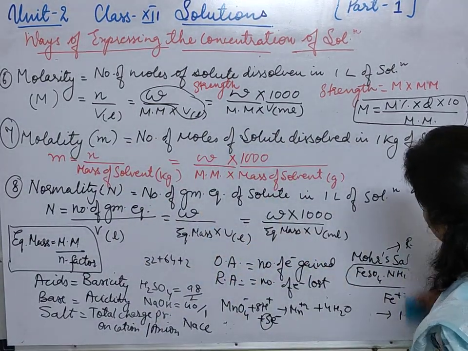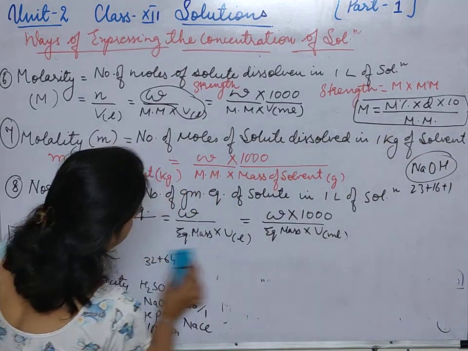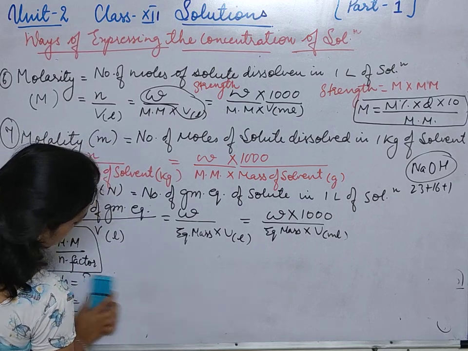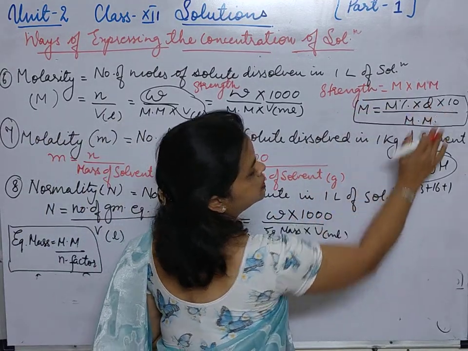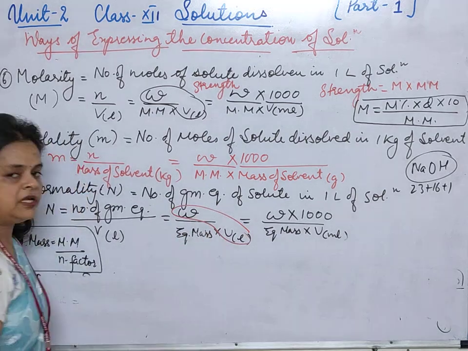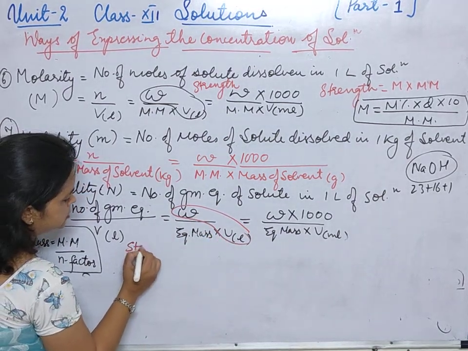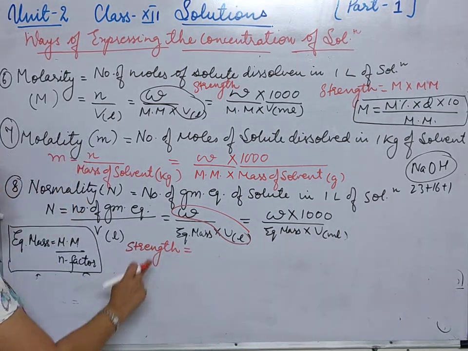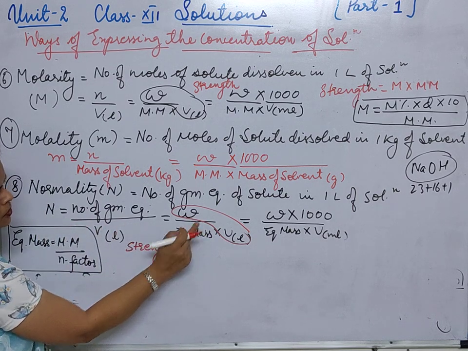One more point here that I would like to tell you, it is the relation between normality and molarity. स्ट्रेंथ की वैल्यू क्या बताया था? स्ट्रेंथ का फॉर्मूला मोलैरिटी इनटू मोलर मास। अब यहाँ पे W upon V, it is again denoting the strength. So here, what is the formula of strength? Normality into equivalent mass is equal to strength.